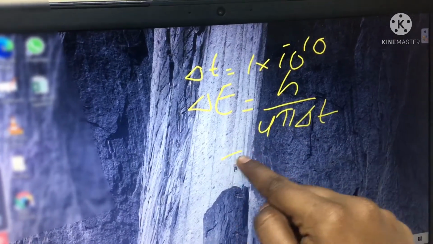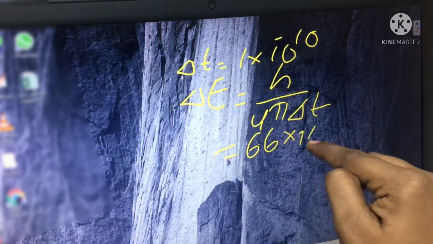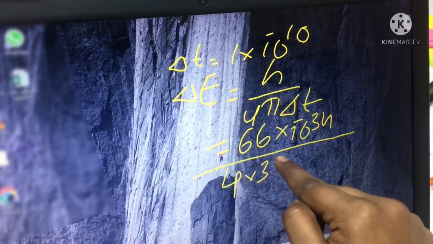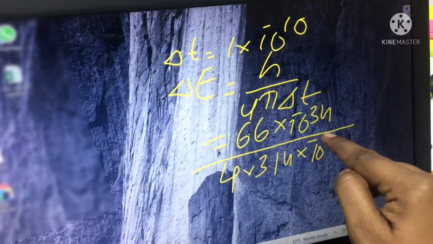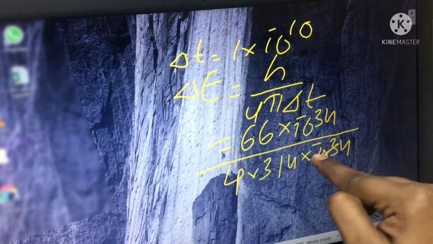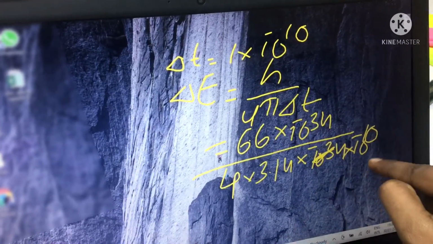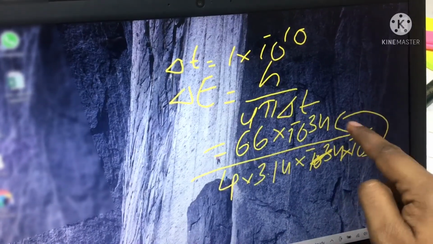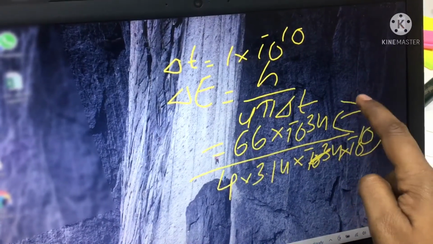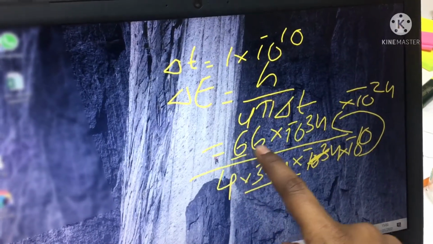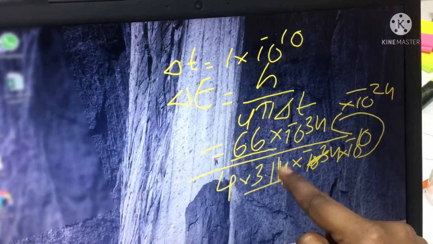h is 6.6 × 10^-34 divided by 4 into 3.14 into 10^-10, that is the value of delta t. So the 10^-10 goes to the numerator, and minus 34 and minus 10 become 10^-24. Here 3.14 and here 6.6. We only consider 3.1.